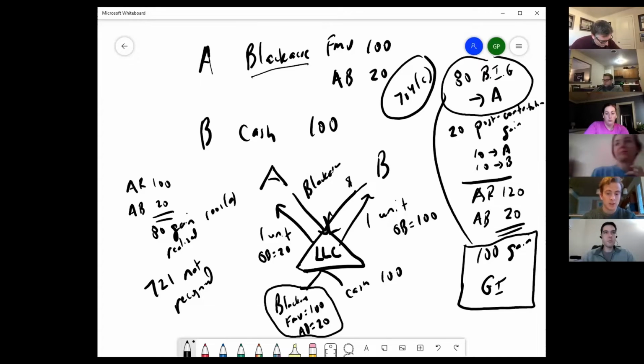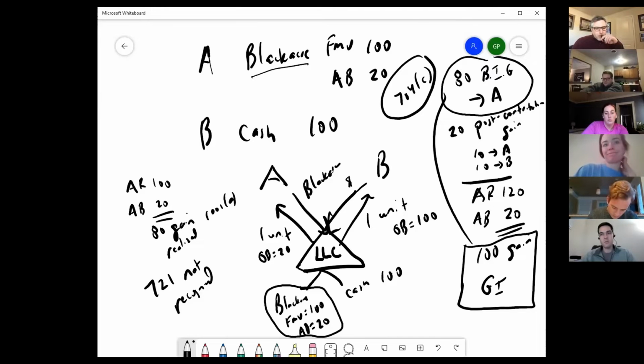So these rules in combination do defer the gain or loss and then properly allocate it to the partner who contributed the property with the built-in gain or loss. So that means A is not going to be able to avoid that gain, right? The gain is there. It's not going to be shiftable to other partners.